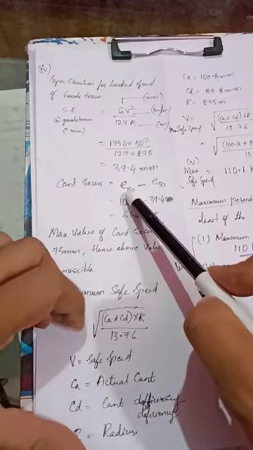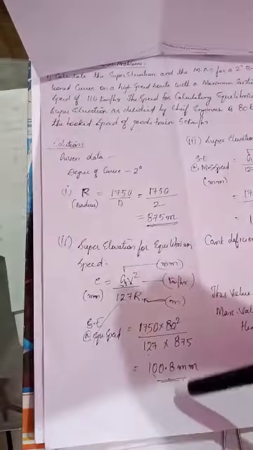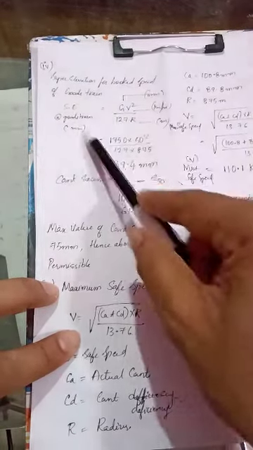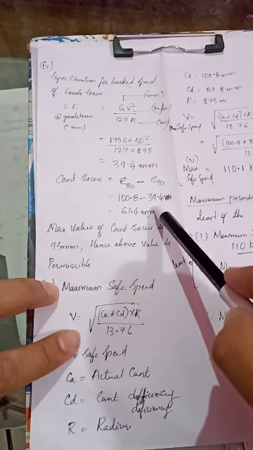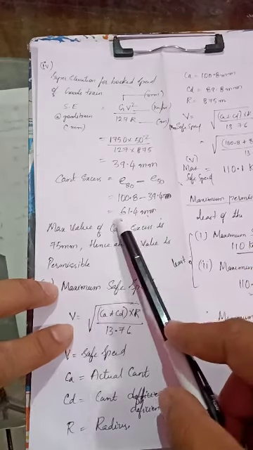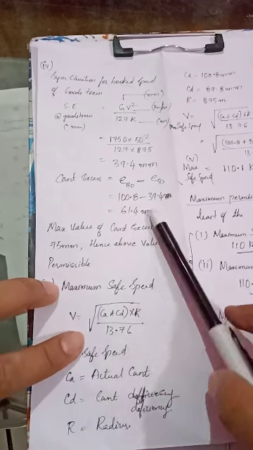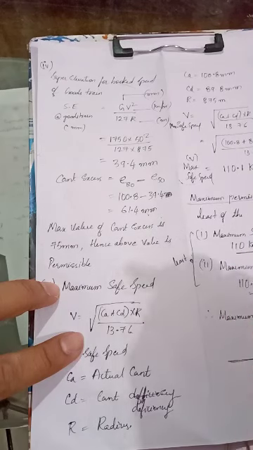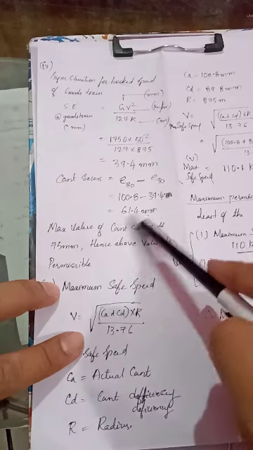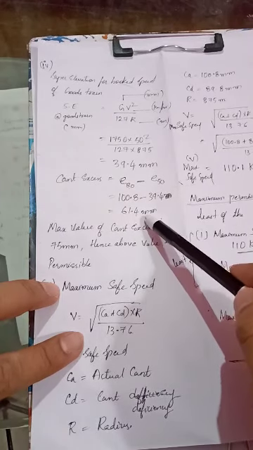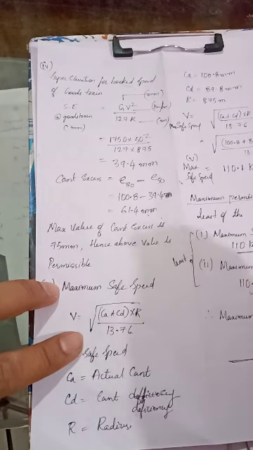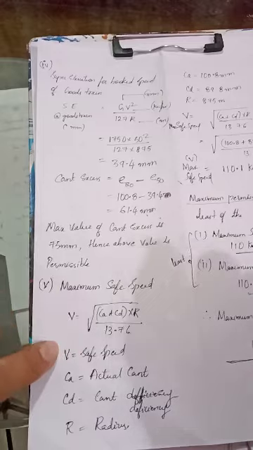Super elevation for equilibrium speed is 100.8 mm, minus super elevation for 50 km per hour, which is 39.4. The value stands at 61.4 mm. The maximum value of Kant excess should not be greater than 75 mm. As this value is less than 75 mm, it is accepted and permissible. If the Kant excess value is more than 75, it has to be limited to 75.